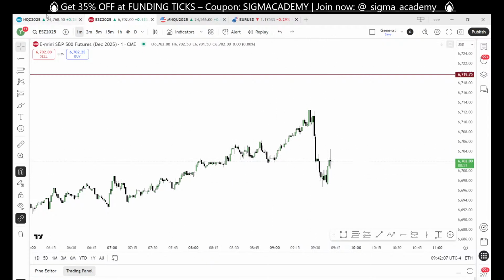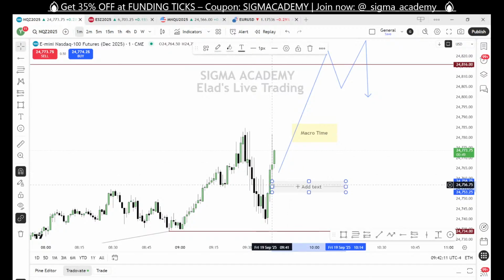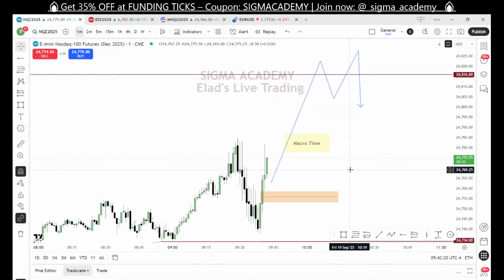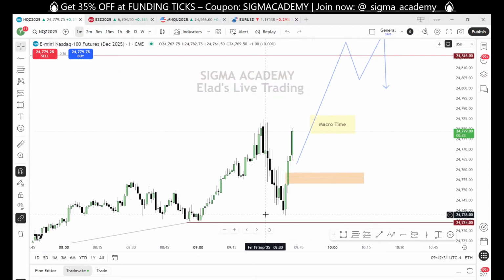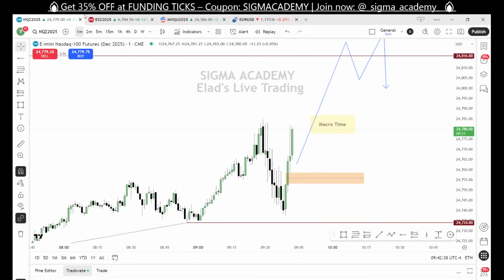So this is where we have reaction. This first presented. Let's make it orange. Most of the time I will prefer to take action near the liquidity. For now, any liquidity not taken, maybe on the ES a little bit.